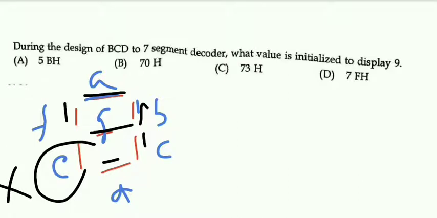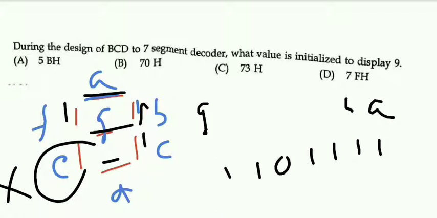So A1, B1, C1, D1, E0, F1, G1, right? So we have to go from the right-hand side.